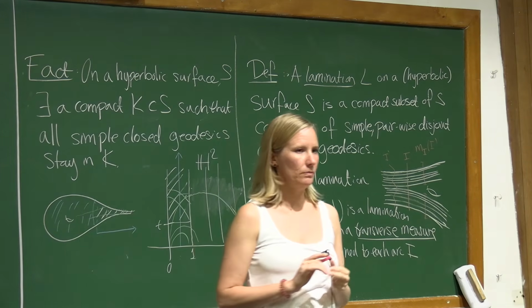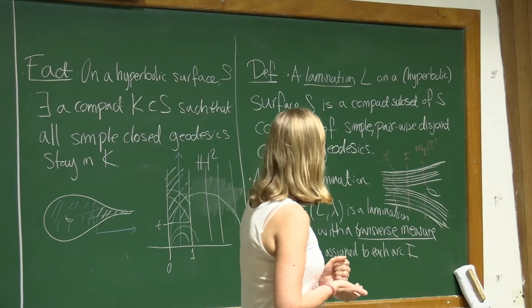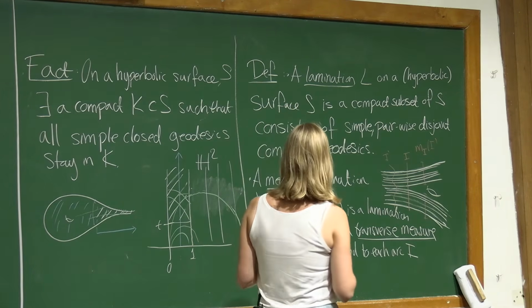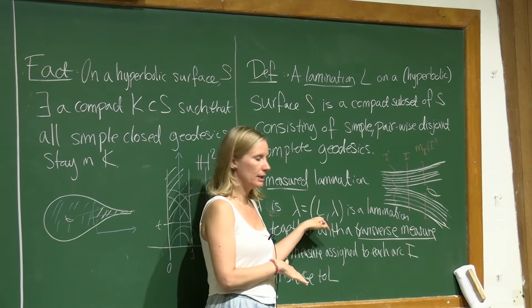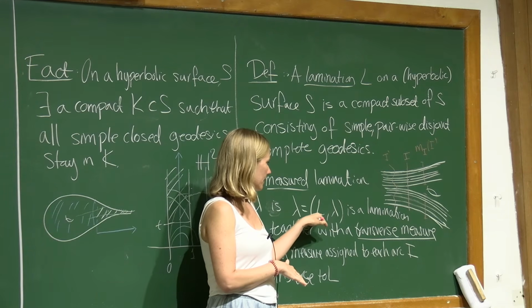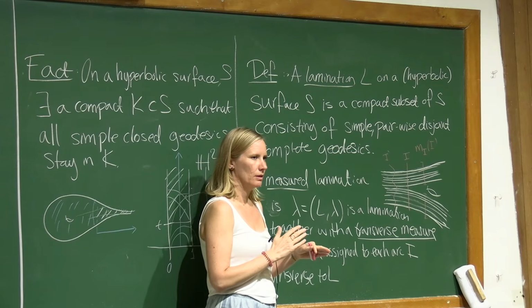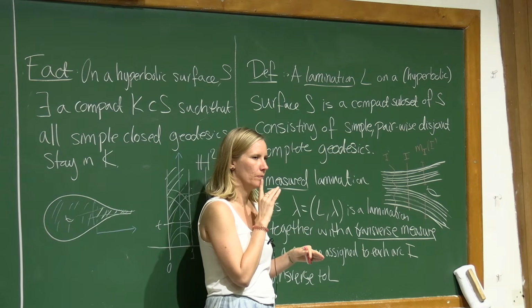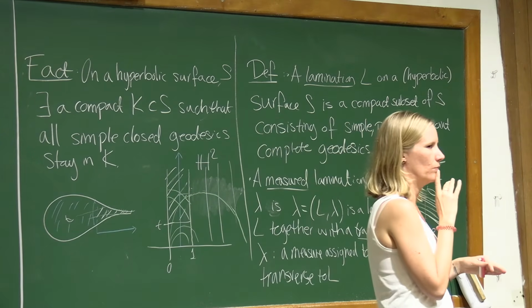So this is not a measure on the set of geodesics? No, this is a measure. It always comes with a lamination, that's its support, and then it assigns measures to arcs transverse to it. But for this transverse arc I, do you have a different measure?